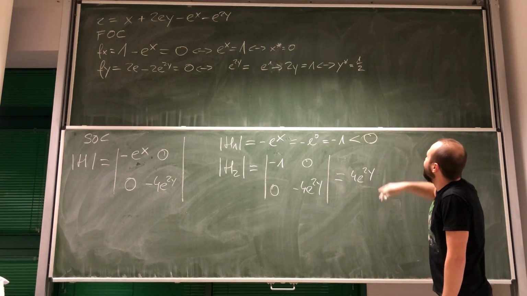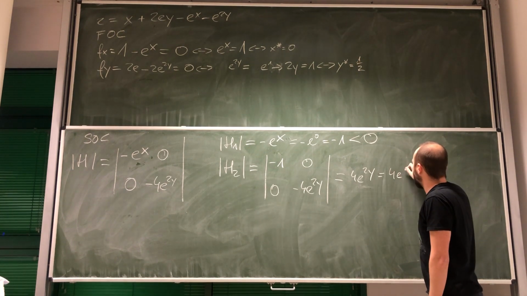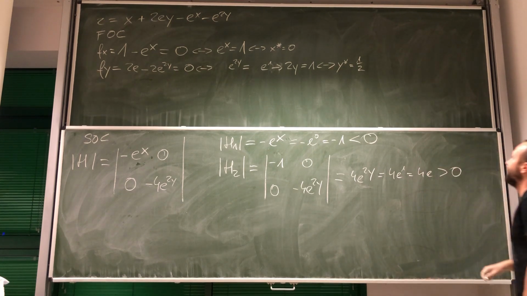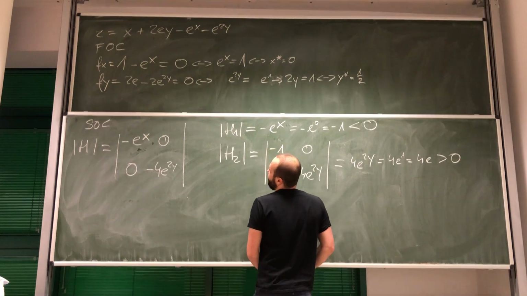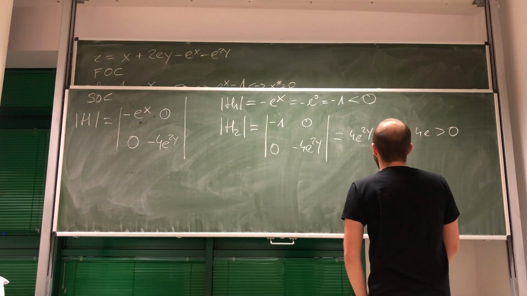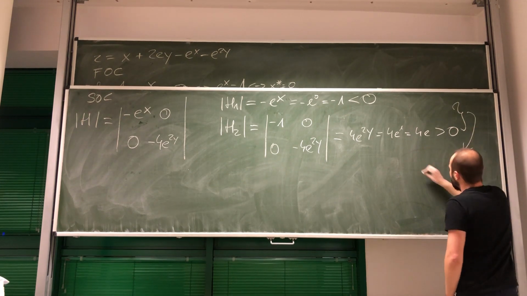But if I replace our value, I'm getting that this is 4e to the power of 1, which is 4e. This is definitely bigger than 0. Okay, so finally, we know that the first principal minor is negative, the second one is positive. This must be a maximum.